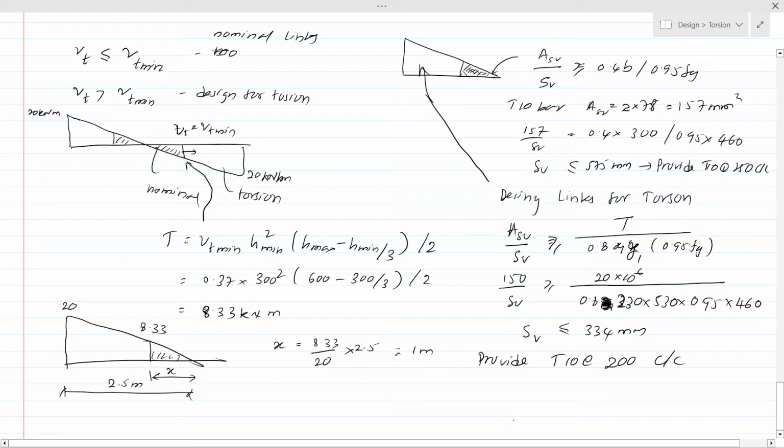Now let's calculate the longitudinal reinforcement requirement. In addition to the torsional links, you have to provide the longitudinal reinforcement for the sections.